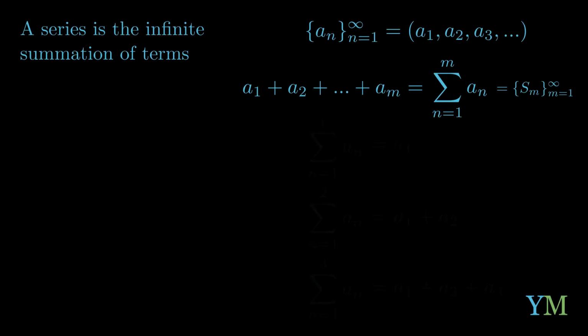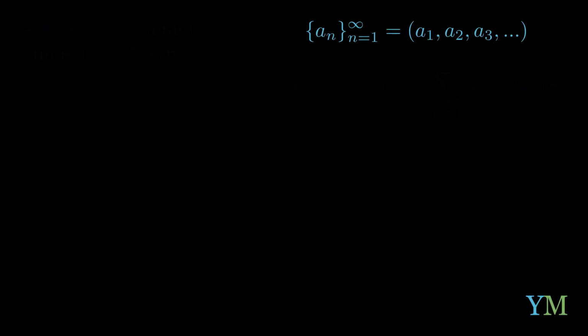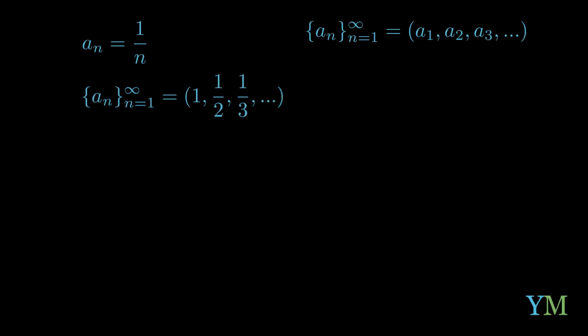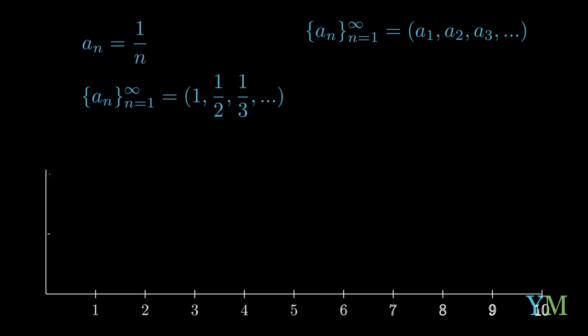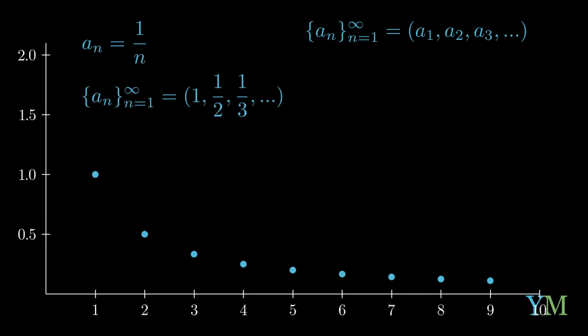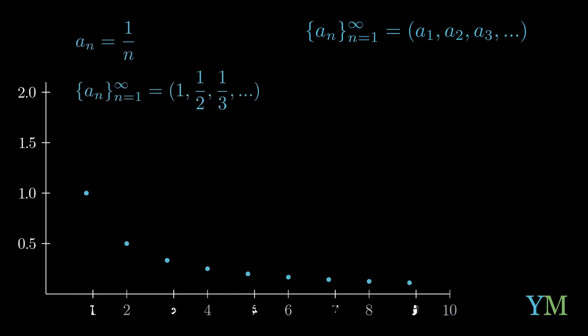So I know it might be a little bit confusing, so let's understand it through an example. Let's bring back a sequence we know really well. an is 1 over n, which is the elements 1, half, third, quarter, and so on. This sequence will show us how this works. Now we need to remember we have two sequences. The first one, an, is the original one.